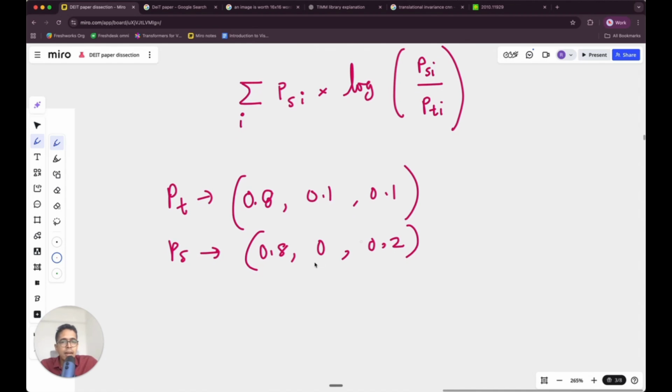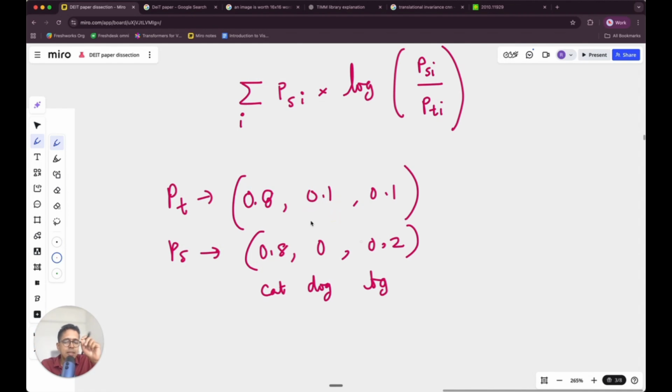The student is saying with great confidence that the item is not the second class. Whatever the current item you are looking at is definitely not the item with the second label. So let's say the first is cat, the second is dog, and the third is background, BG. So now the student is 100% certain that this is not a dog. But the teacher is not 100% certain. The teacher is still assigning 10% probability for this to be a dog.